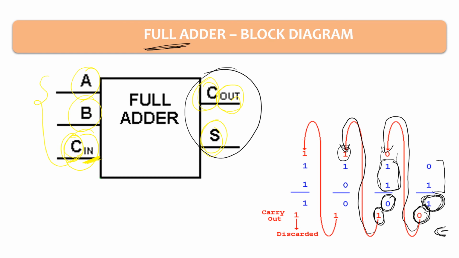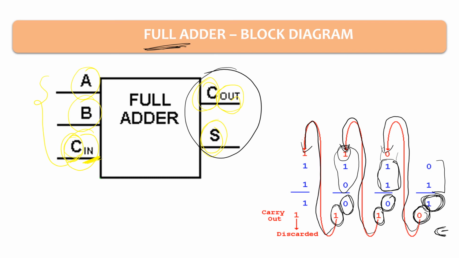Okay, so my next operation is 1 plus 0. 0 you can ignore, right? We can say it does not make any difference. So 1 plus 1 plus 0, what will I get? I'll get 0 as my sum and 1 as my carry, and this carry is my C out, and this C out will be the C in for my next operation.